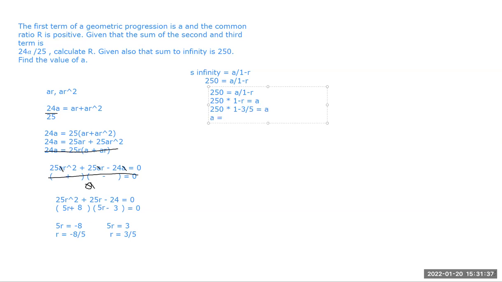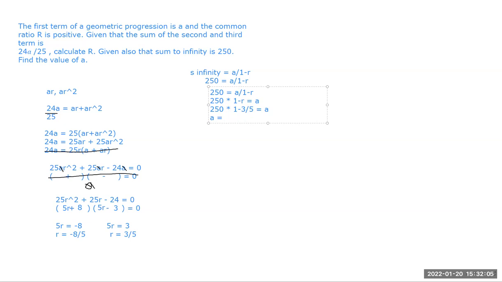1 minus 3/5. That is okay. You sure about that? Remember, you work out 1 minus 3/5 first.